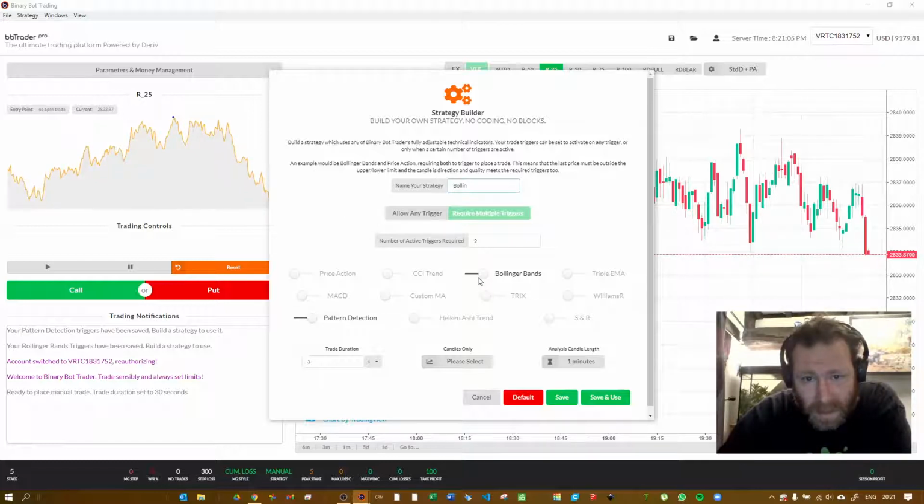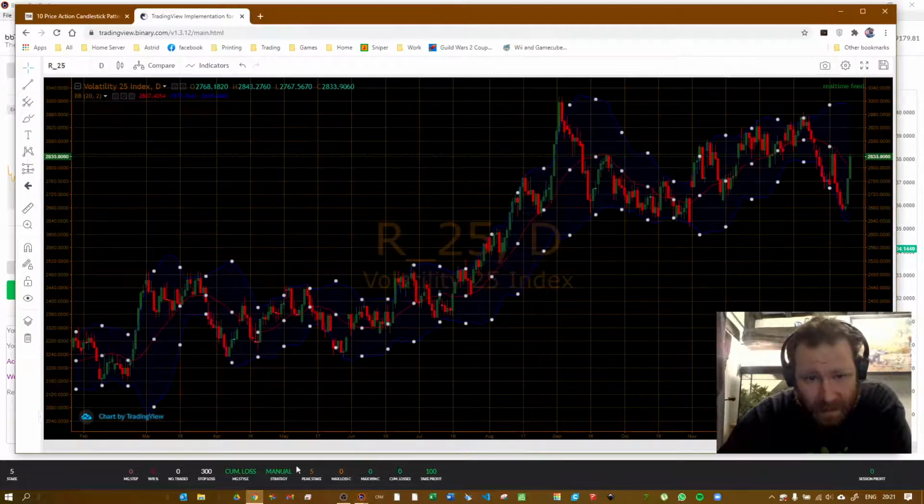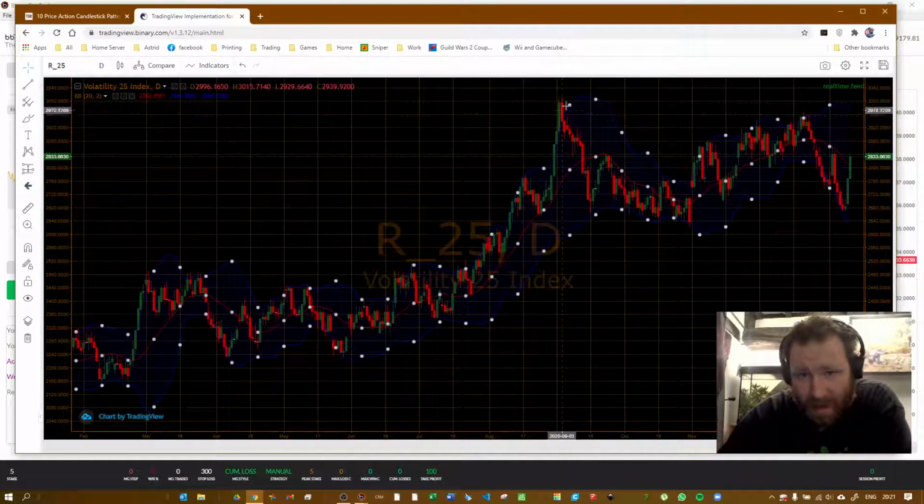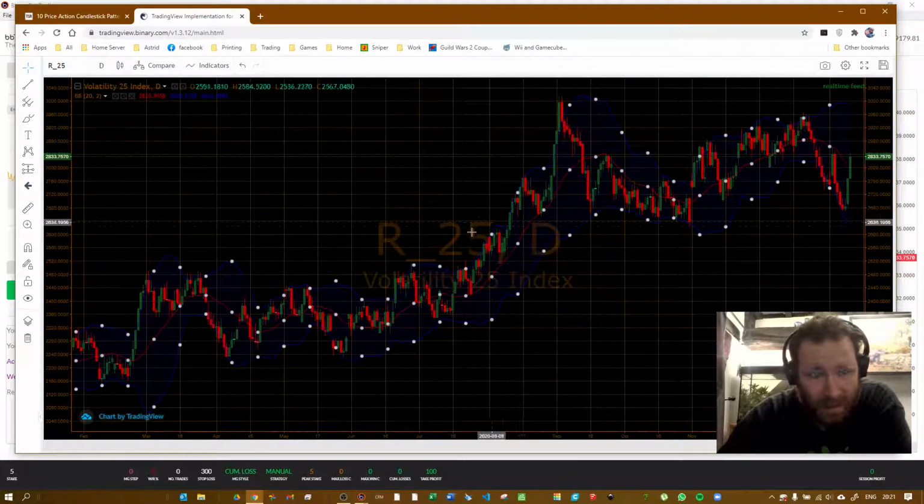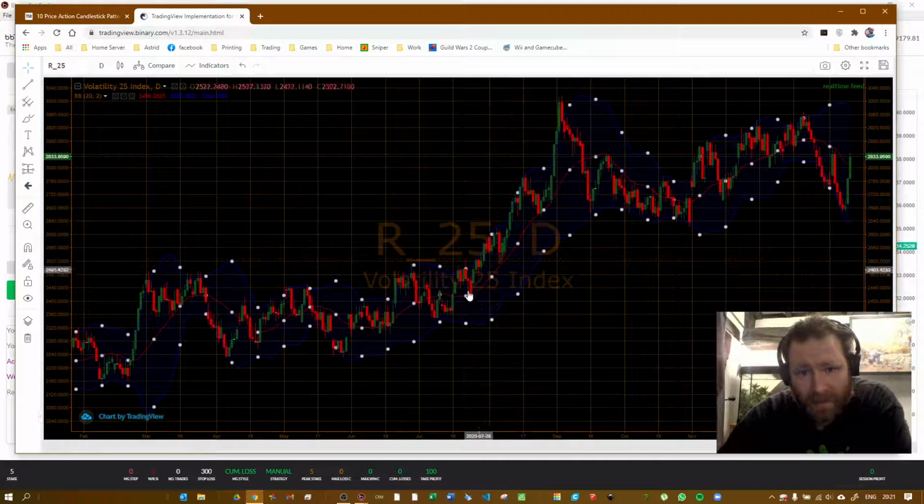So what we've done here is we've got our Bollinger Bands set up with the settings that the chap mentioned, which is the period of 20 and the standard deviation of 2.